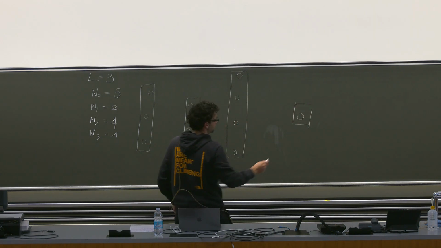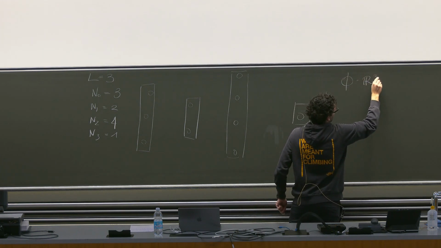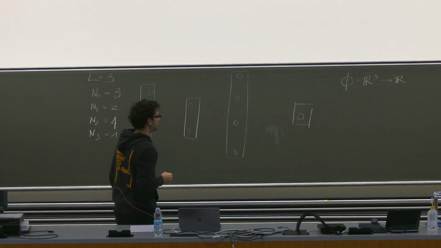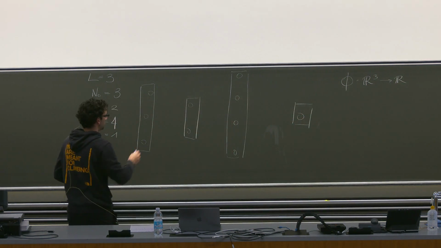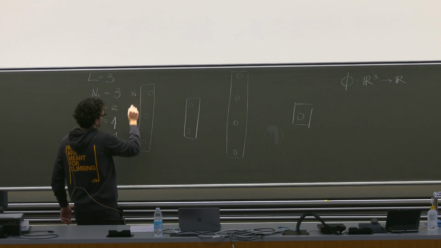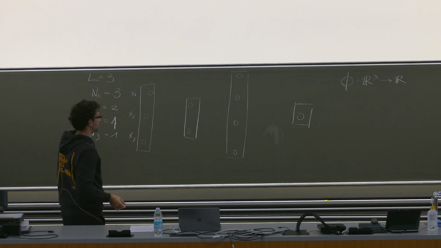So our deep neural network will go from R^3 to R. To compute the output, we take the input, x1, x2, and x3, a simple vector.